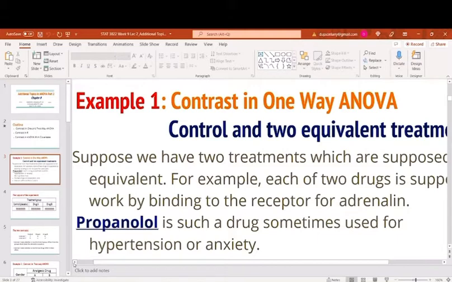If you look at the word post, it means you do that after you've conducted an experiment, you've already seen the result, and you've rejected the null hypothesis, and you want to investigate where the difference lies.